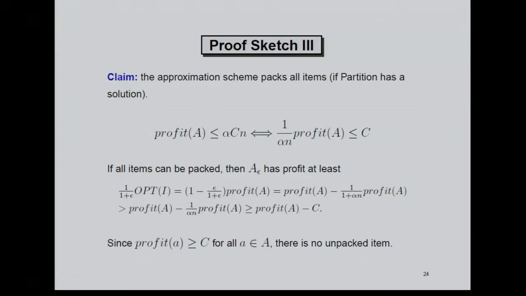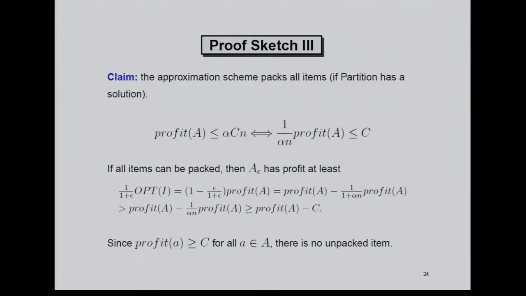And then by some calculations you can see that this value is at least the overall profit minus the value c, using this inequality there. But on the other hand, the profit of each item is at least c. That means there cannot be any unpacked item, because the profit was already larger than this, and the claim follows automatically.